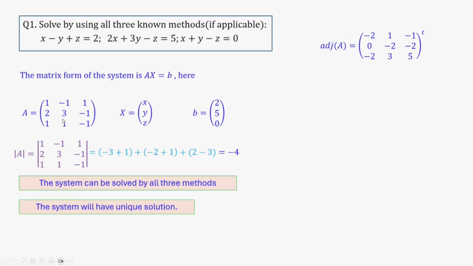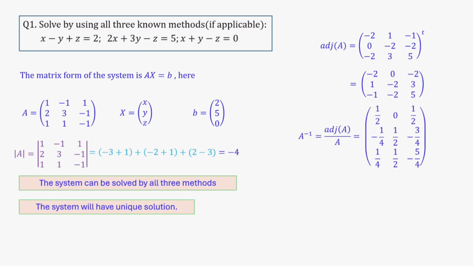Then we take the transpose of this matrix and we get the adjoint of A. And we know that A inverse is equal to the adjoint of A divided by the determinant of A. So that will give us this matrix after dividing by minus 4.